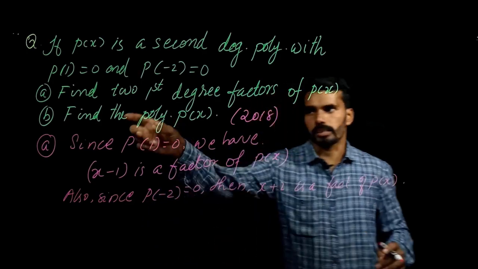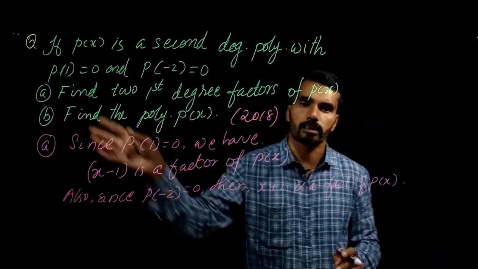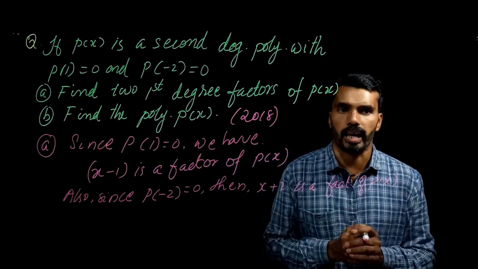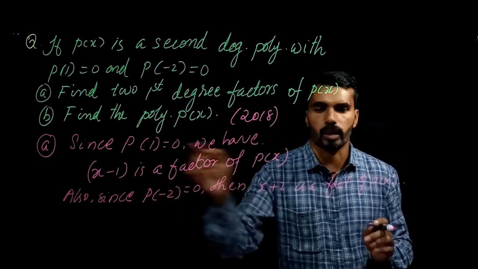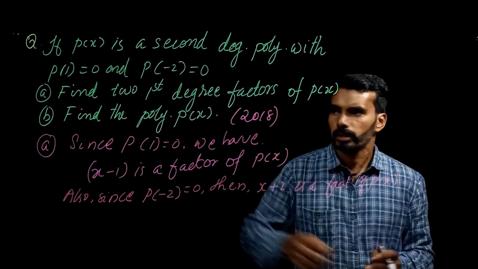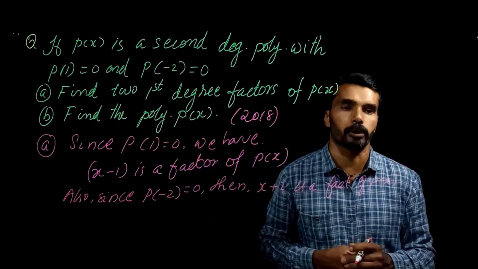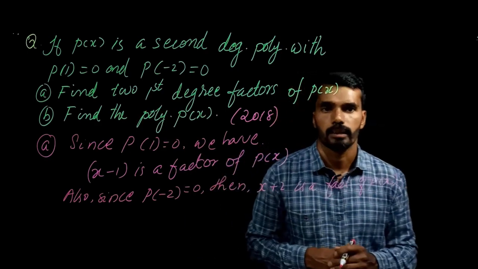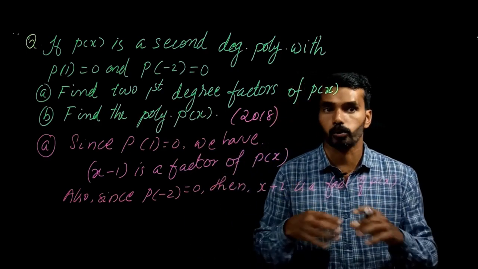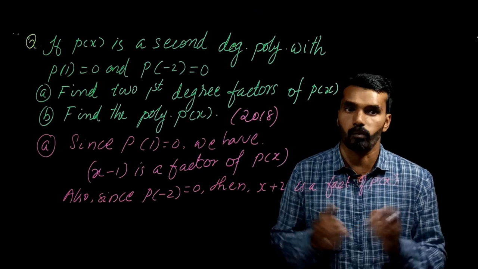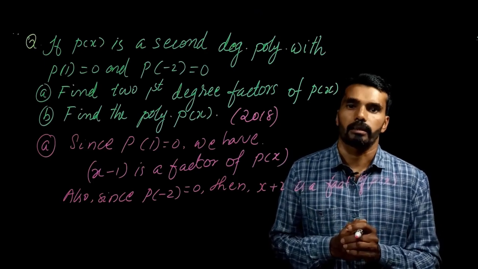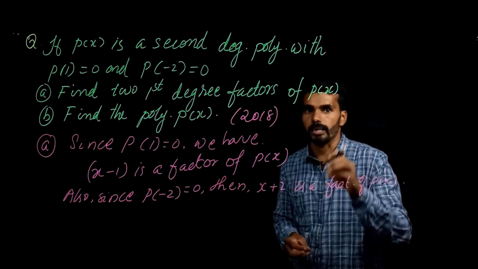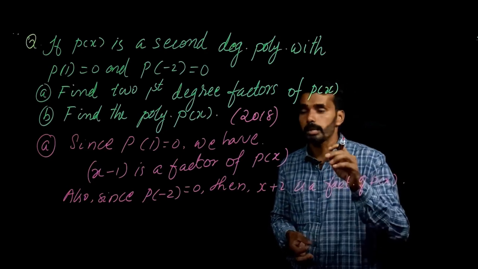Now the second question. Now we got two first degree factors, x minus 1 and x plus 2. The second question, find the polynomial p of x. How do we find? If x minus 1 and x plus 2 are two factors of p of x, then what is the polynomial? Yes, x minus 1 into x plus 2 is the polynomial.